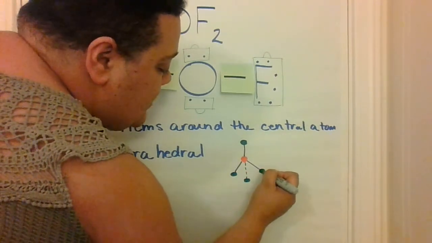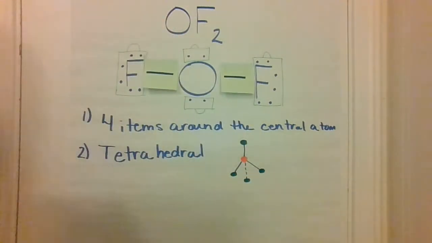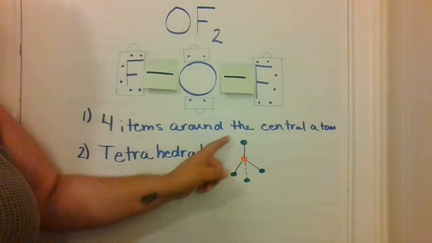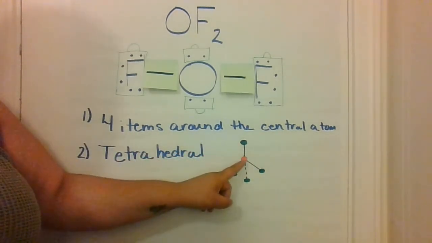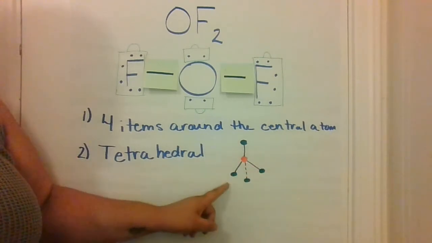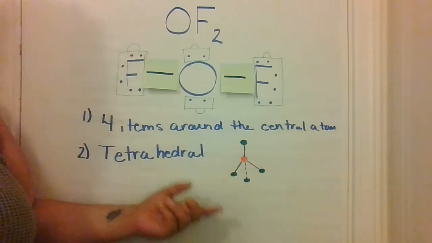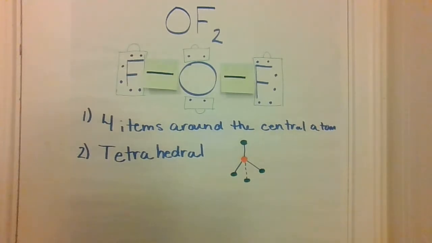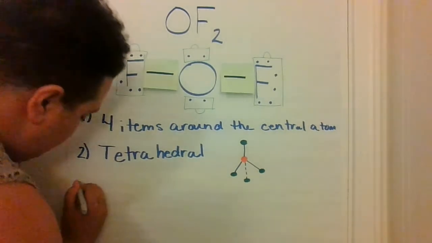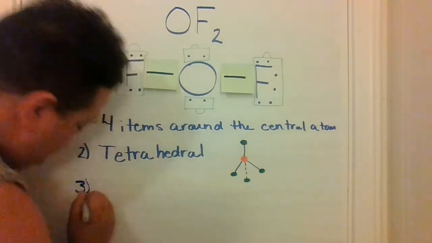So it is based on anything, regardless of if it's a pair of lone electrons, or if it's an atom. It is an item, and it's around that central atom. So there's my central atom, and there are the 4 things that would typically be there if we're dealing with just atoms.